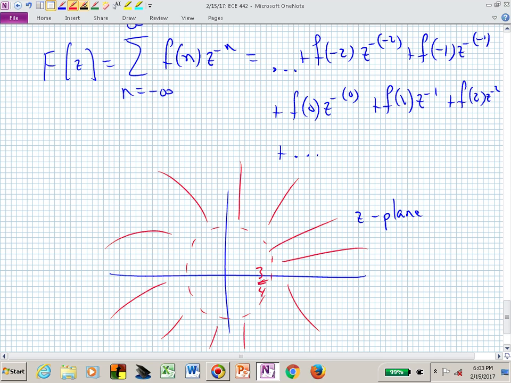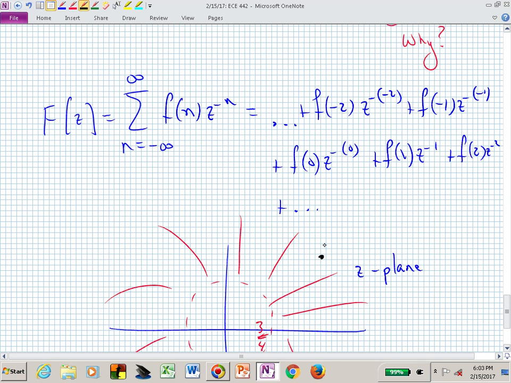If I now pick a point out here and let that point get really, really big, what happens when I plug this point into that location in my infinite sum expansion for capital F of z? Now I have z to the minus 1, or I have z, and I'm letting z go off to infinity.